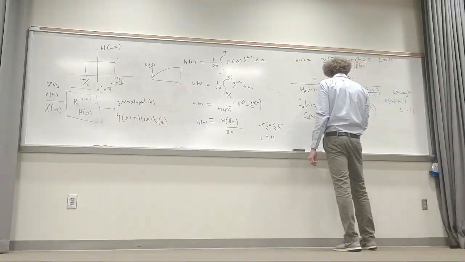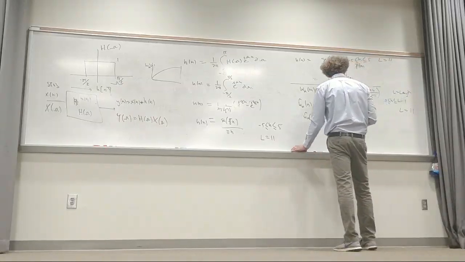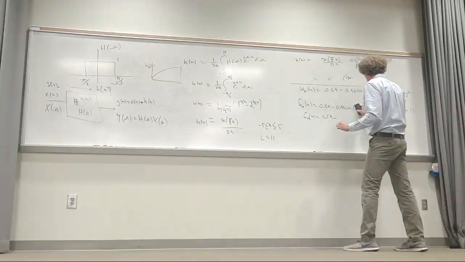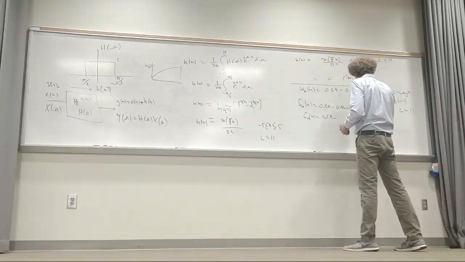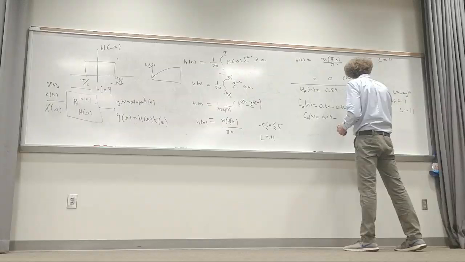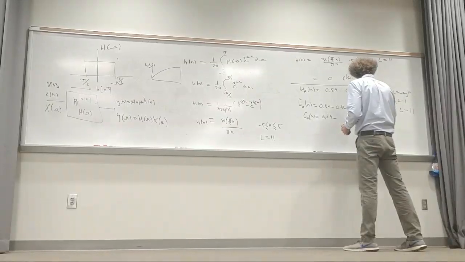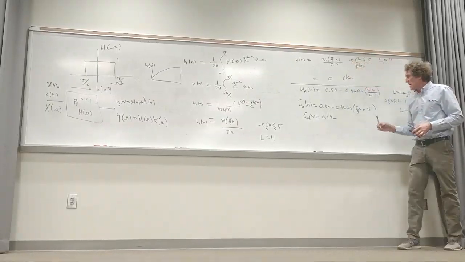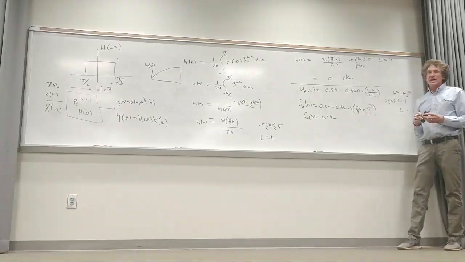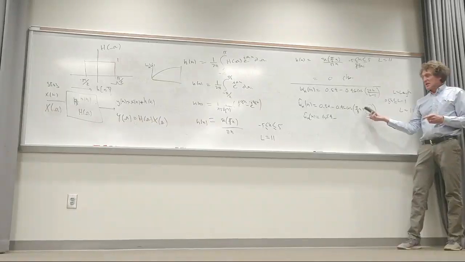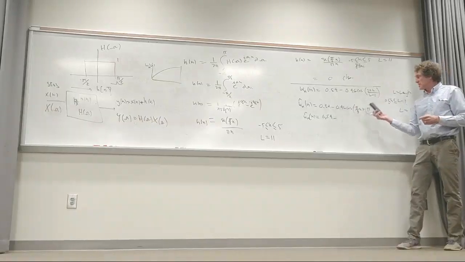This is really pi over 5 n plus pi, right? What happens to a cosine waveform when you add pi to it, 180 degrees? That's minus cosine, right? The minute you add 180 degrees to the value of a cosine, you get minus in front of there, right? And you can just get rid of that pi.